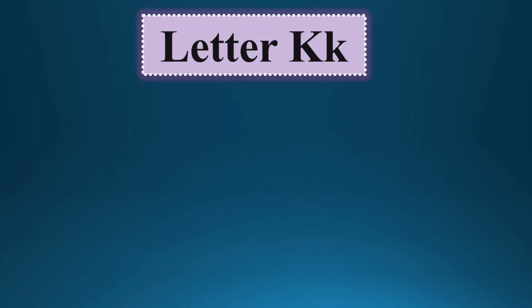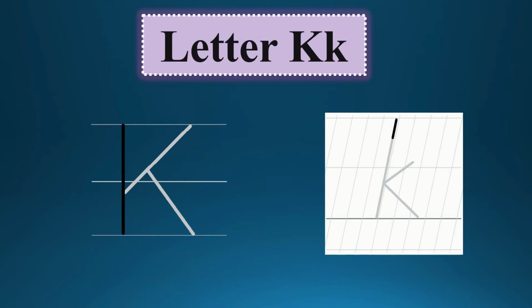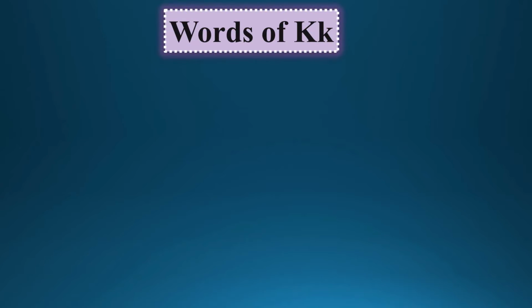Here is the letter K. Capital letter K and small letter K. This is the way we write the letter. And its sound is K, K, K. Let's see the beginning sound in the words.